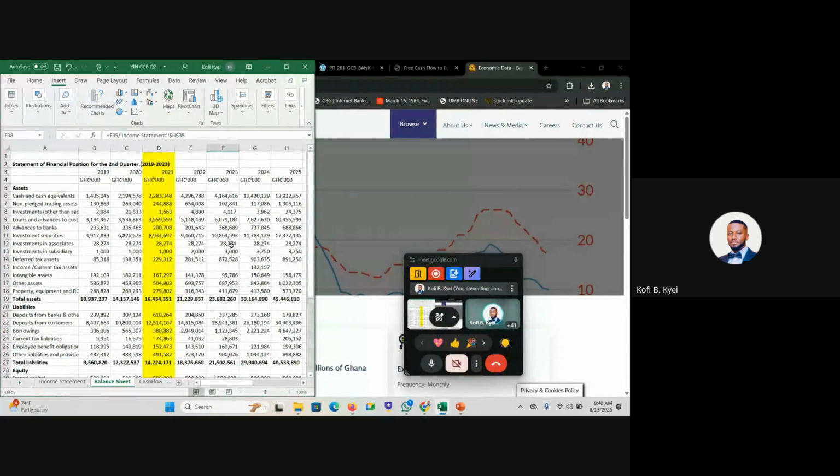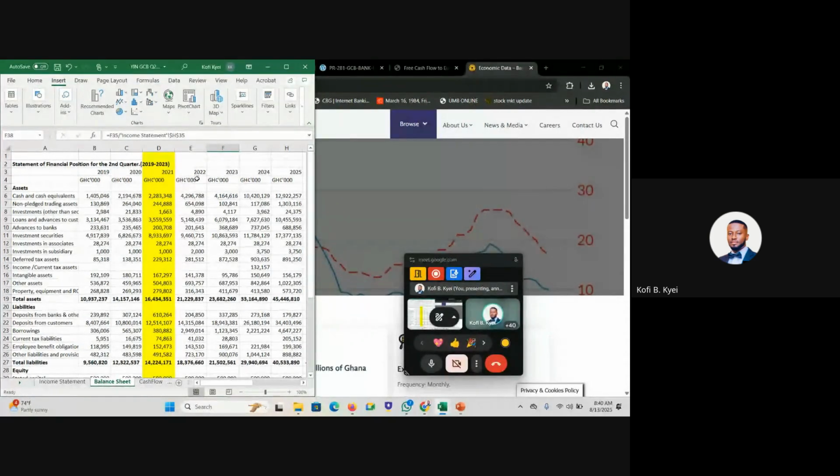So for a bank like GCB, the institution that is listed is the bank. They have subsidiaries and associates that they work with, but you have to analyze the bank. For GOIL PLC, they have Go Energy and other subsidiaries or associated institutions that may not be listed, so you analyze the company itself.